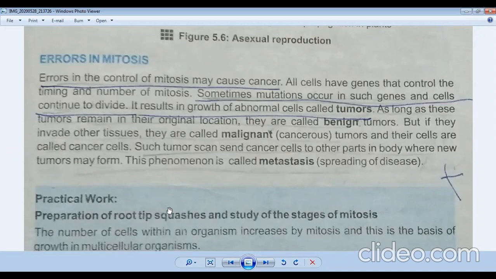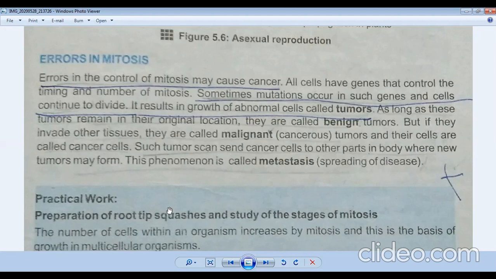In animal cells it is different, in plant cells it is different. In an animal cell, that process happens through the cleavage furrow, and in a plant cell, they make a center plate, the cell plate, which is called phragmoplast. Because of that, they divide.